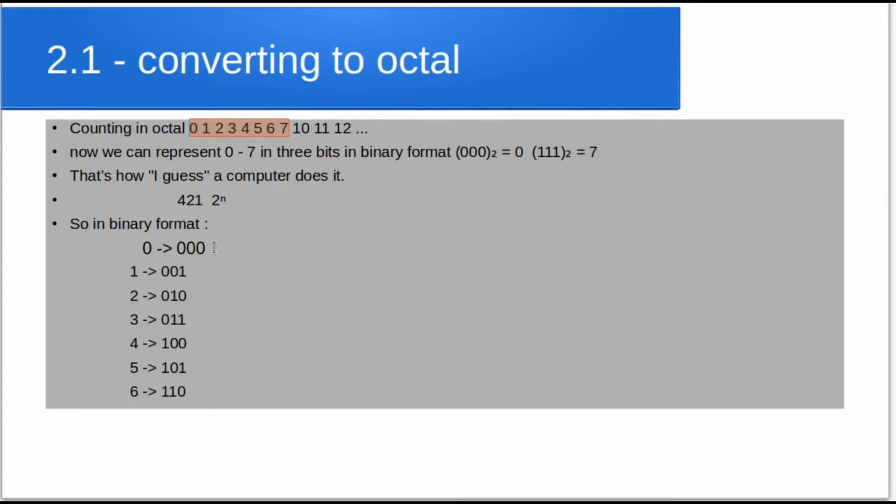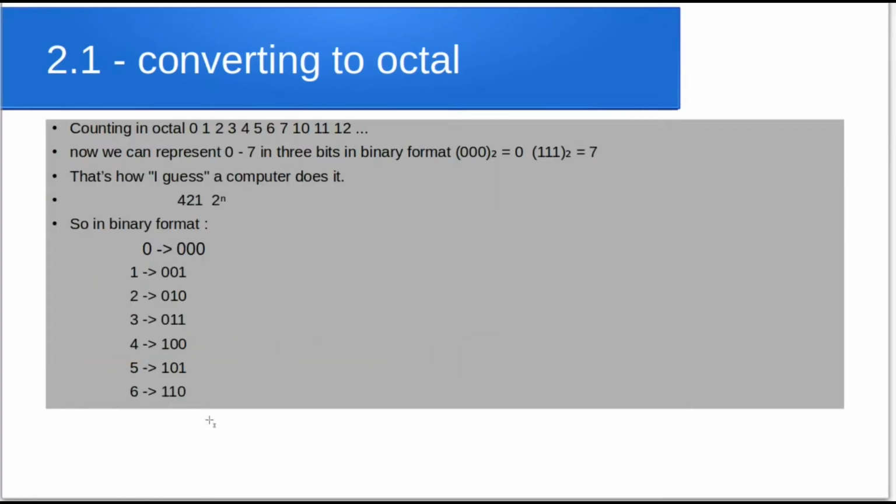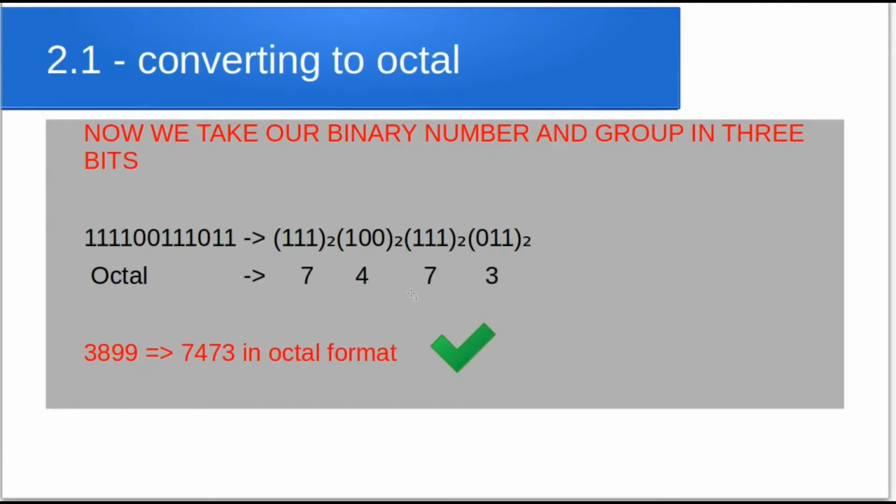The 0 is 3 zeros, 1, 2, 3, 4, 5, 6, and so on. And obviously the 7, which I'm missing here, would be 111 over there. Now we just take our binary number which we had before, and we group it in bits of 3.